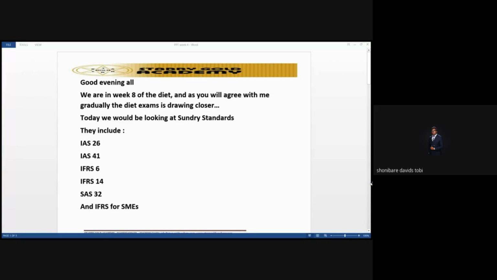No. So there are some particular standards that when you are dealing with SMEs, you cannot relate with them the same way they are in their respective standards. Many of the standards usually apply to listed companies or medium or big size companies, right?